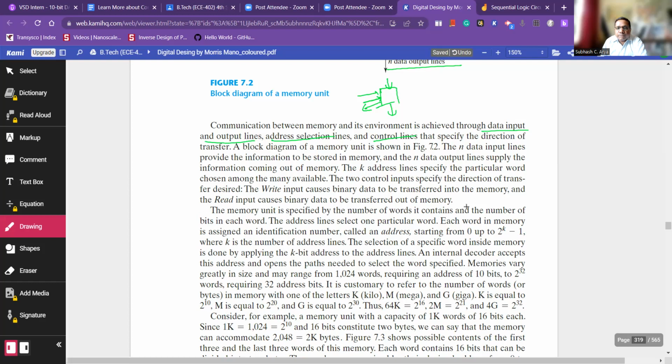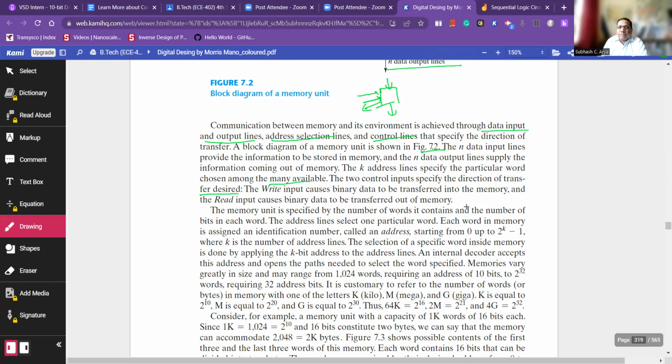A block diagram of a memory unit is shown in figure 7.2. The n data input lines provide the information to be stored in the memory, and the n data output lines supply the information coming out of the memory. The k address lines specify the particular word chosen among the many available. The two control inputs specify the direction of transfer desired.